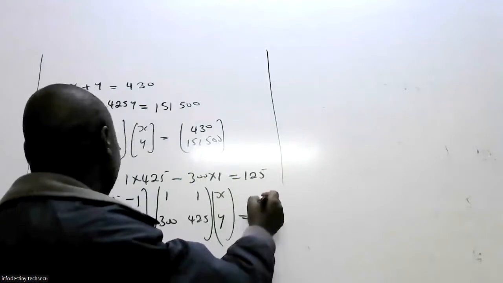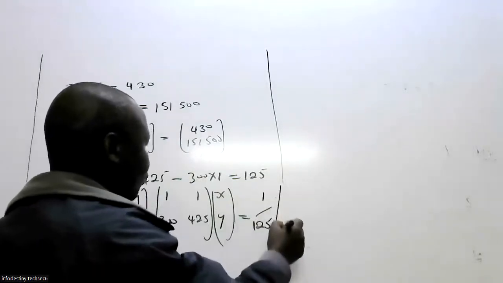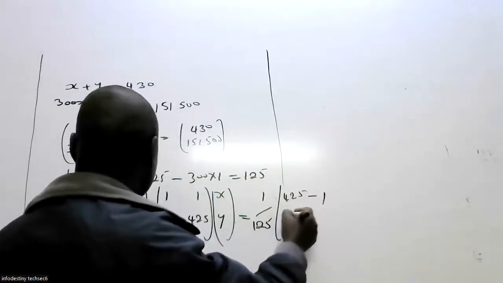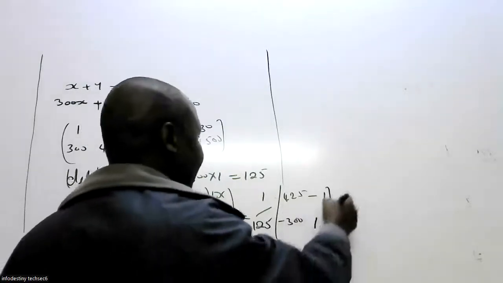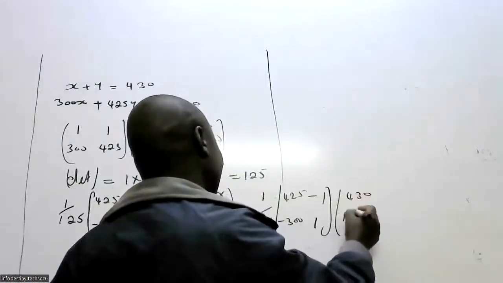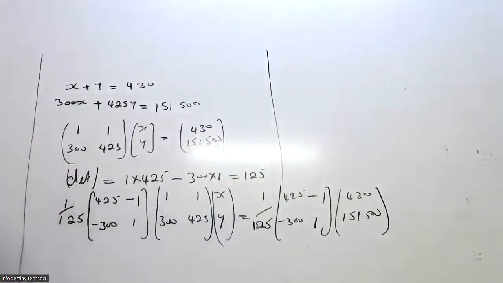That's going to be 1 over 125 into 425, negative 1, 300, 1. We are together. Then we multiply by what? 430, 151, 500. We are together there.